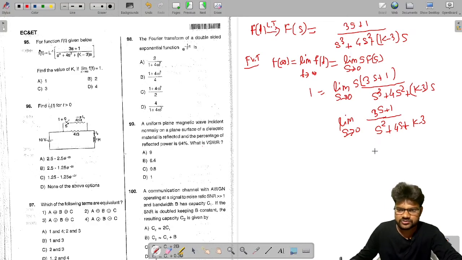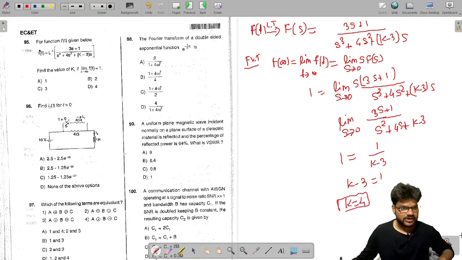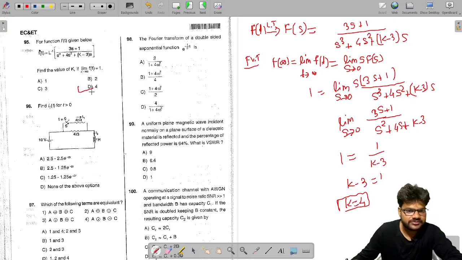Now let us put s equals 0, so we will get 1 by (k - 3), and this value we were given is 1, so k - 3 is 1, and from this we will get k = 4. So the correct option is option D.